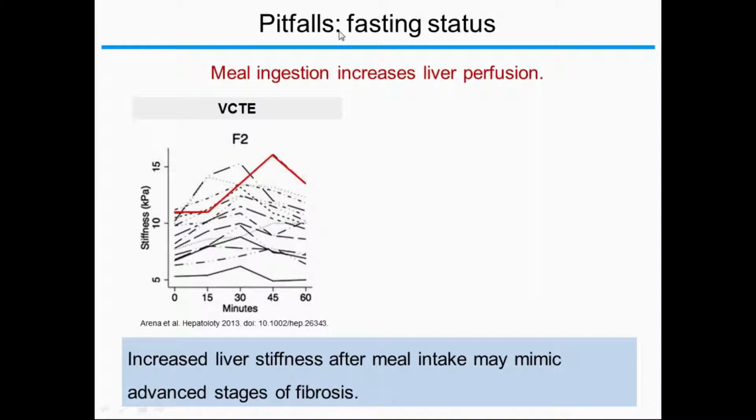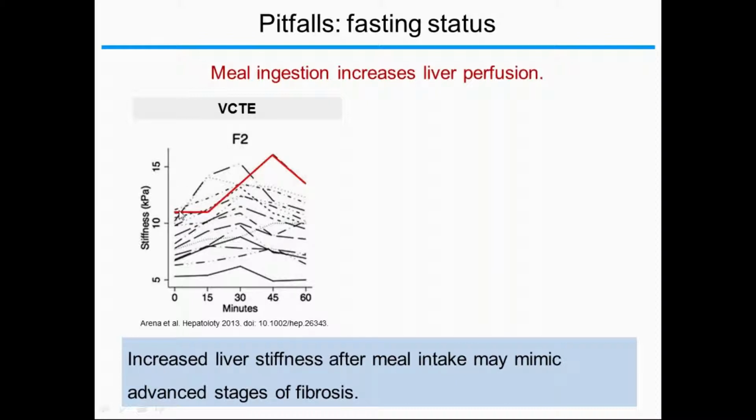Some words on meal ingestion. This is a very important point. Meal ingestion increases the liver perfusion and may lead to significant increases in liver stiffness, as shown here in a work from Spain in 2013.